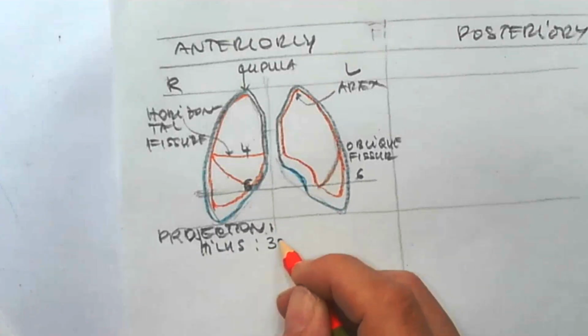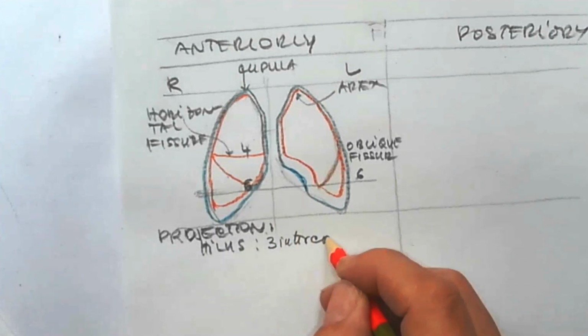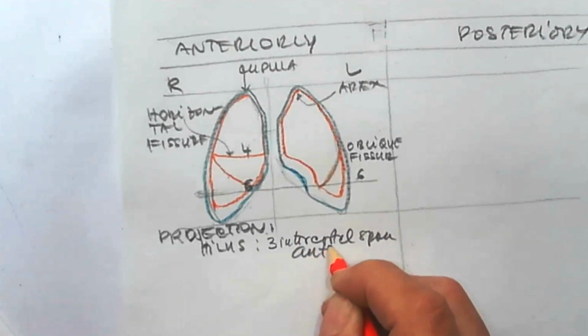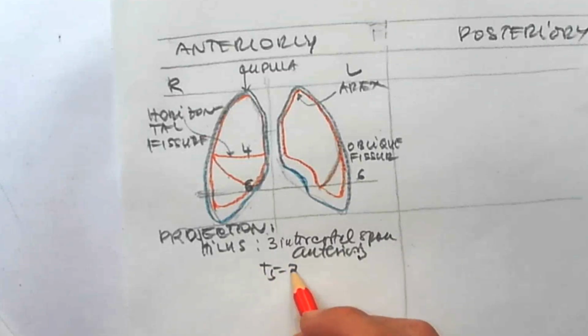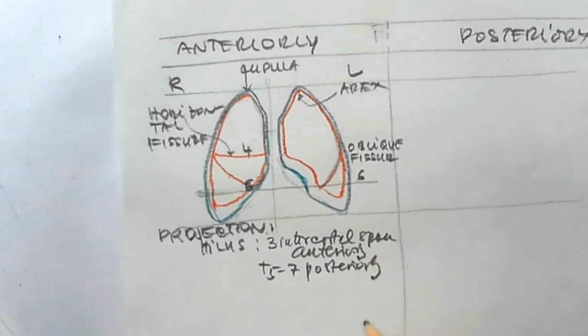The third intercostal space anteriorly, but T5 to T7 posteriorly, correct.